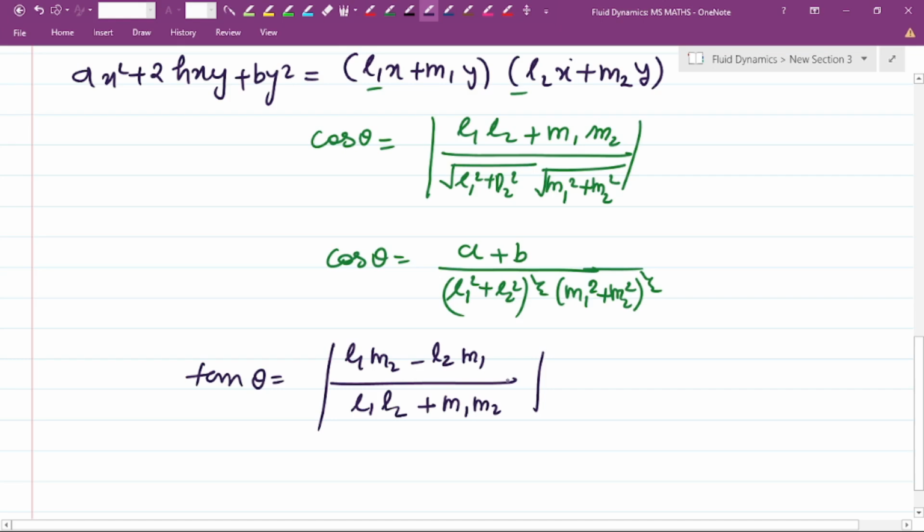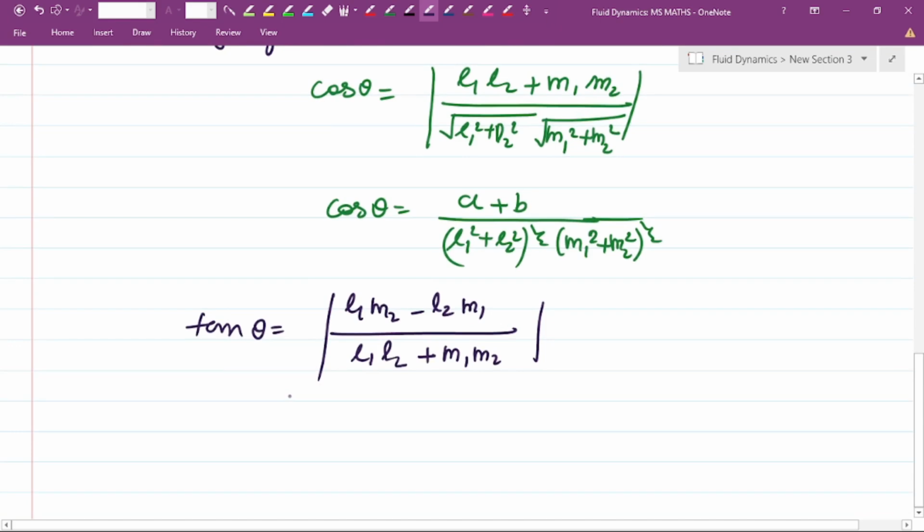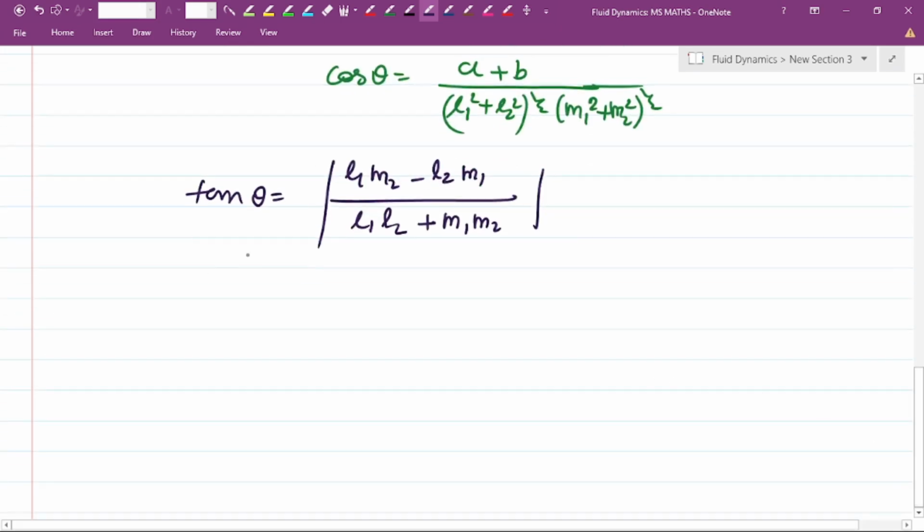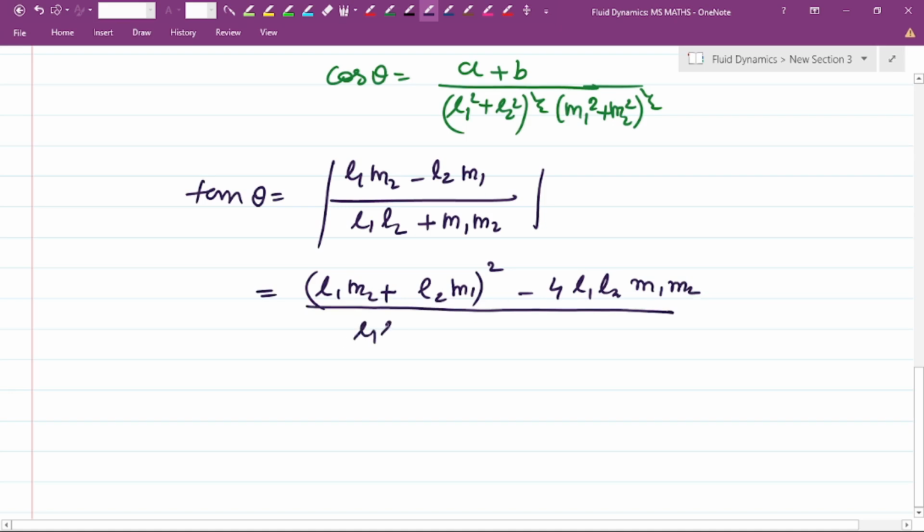Now tan theta can be written with (L1 m2 plus L2 m1) whole square, and we make it a complete square, so here will be minus 4 L1 L2 m1 m2, upon L1 L2 plus m1 m2.